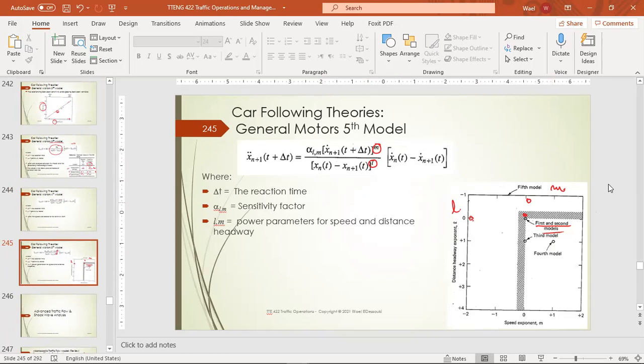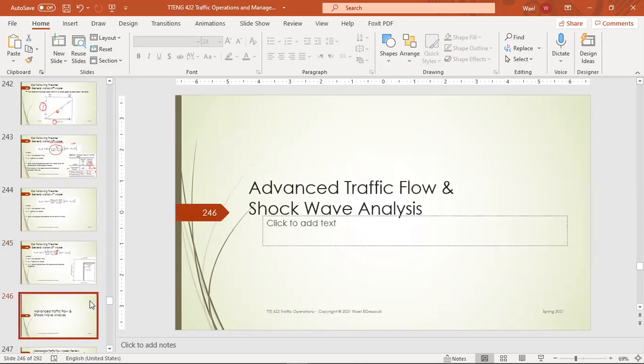You can get from model 1 to model 4 easily using this terminology. So these values could be used to calibrate whatever model you use in your study. Okay, so that was a brief review of the car following theories and the different models that we have.